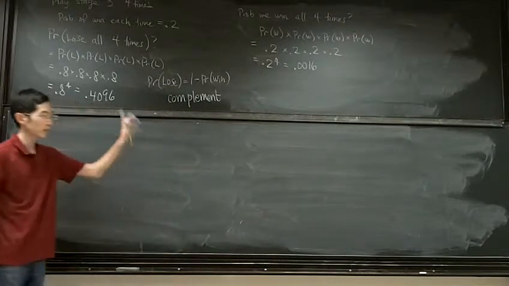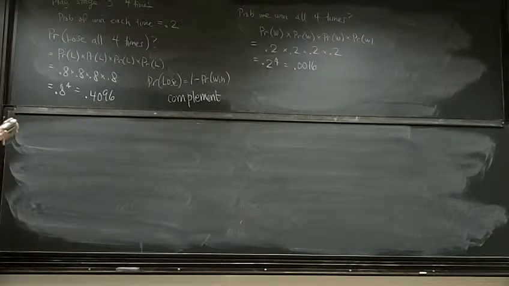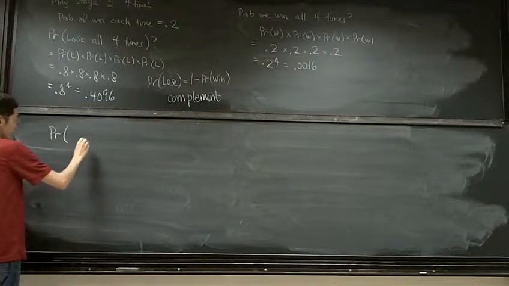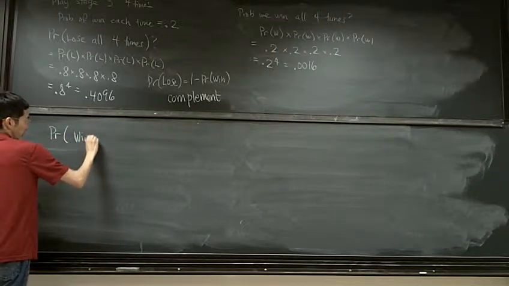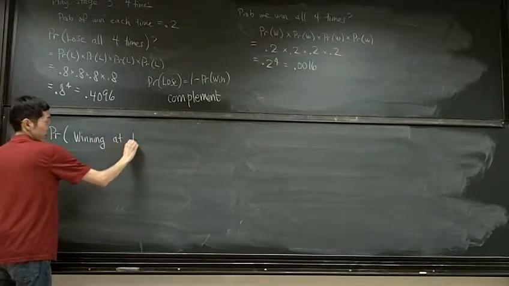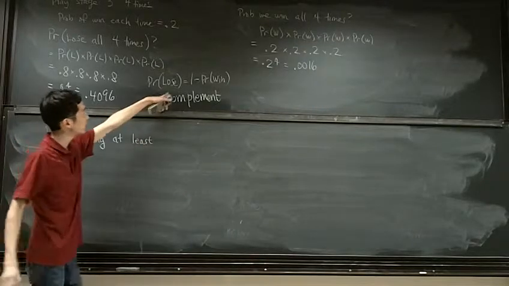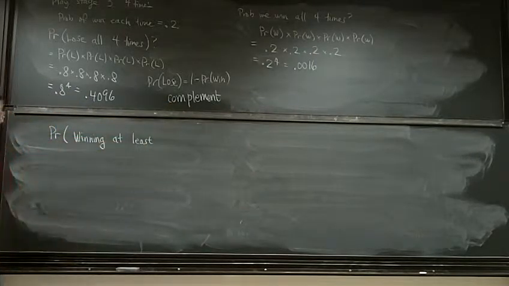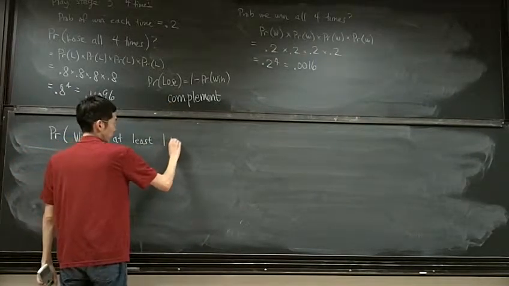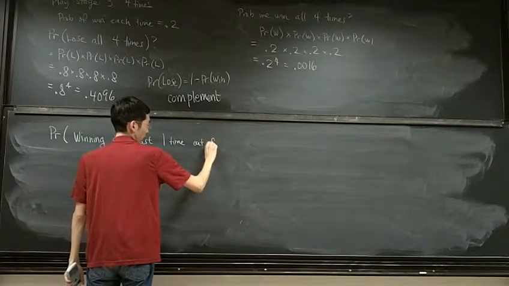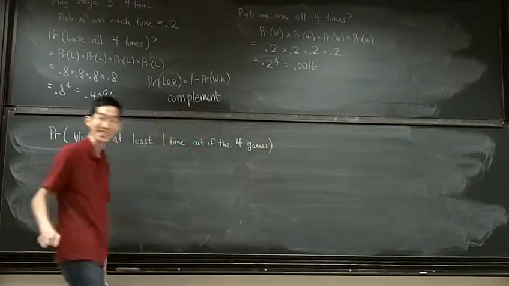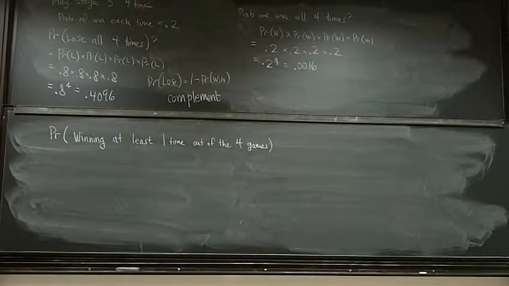And if you have more questions, and then one more, all right? I know some of you are packing up, and I apologize for going over, okay? Yes? Probability of a loss is 1 minus probability of a win, which is coming from our complement rule, okay? This is what I like to hear, okay? Winning at least 1 time out of the 4 games, okay?